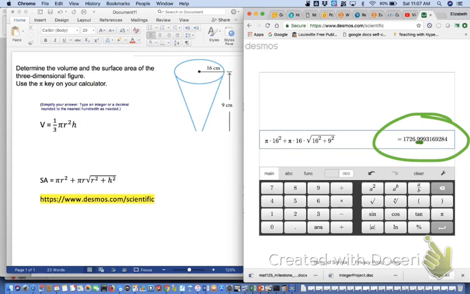So instead of 1,726, now it's going to be 1,727. And because we are talking about surface area, it is centimeters squared. So my final surface area is 1,727 centimeters squared.